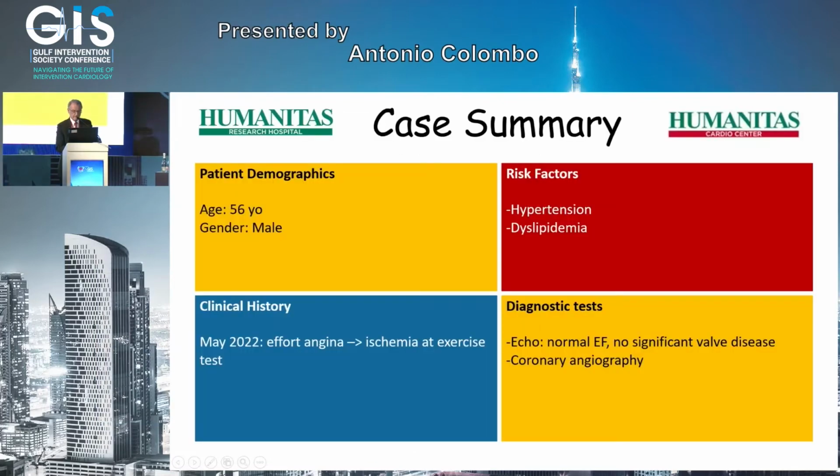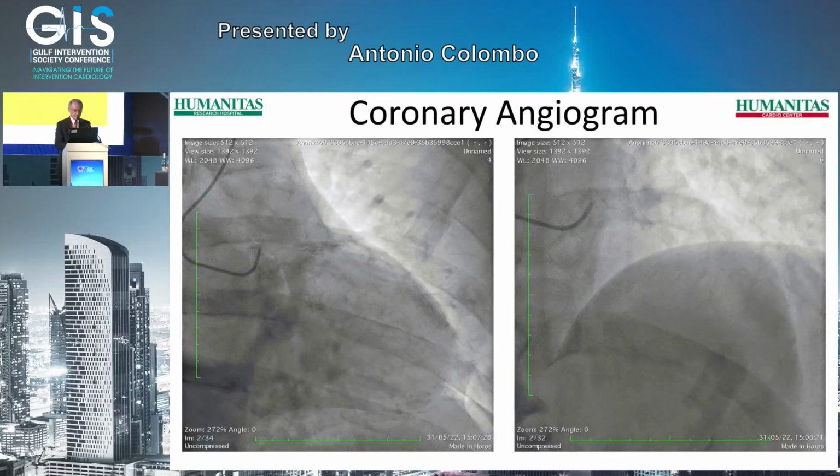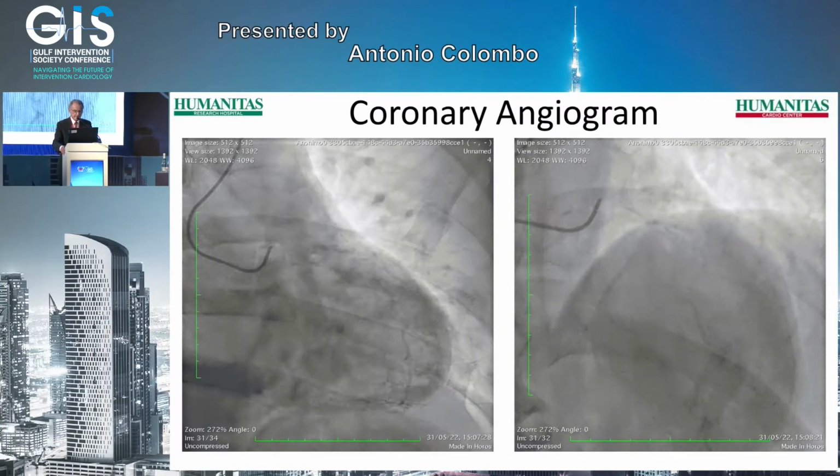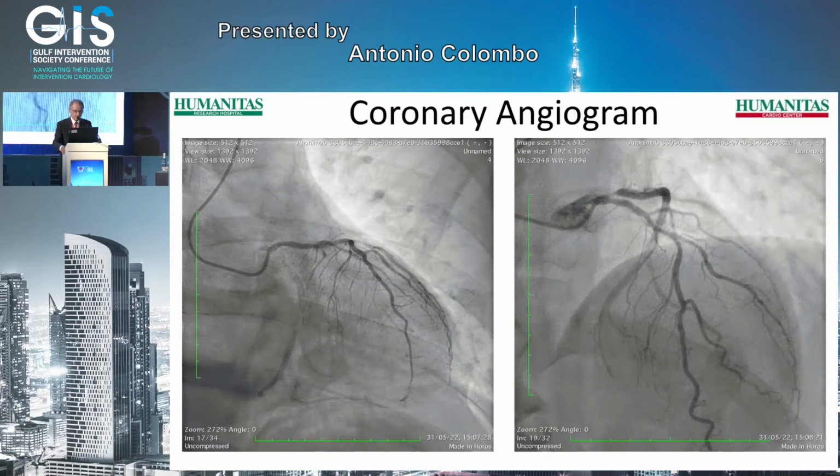Okay, so this is a 56-year-old male, effort angina, stable, ischemia only on exercise, normal EF. So he's a patient that could have been managed medically, but we did intervention. You see, there is a severe stenosis at the ostium of the circumflex.